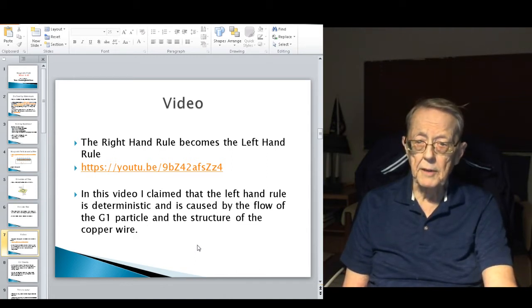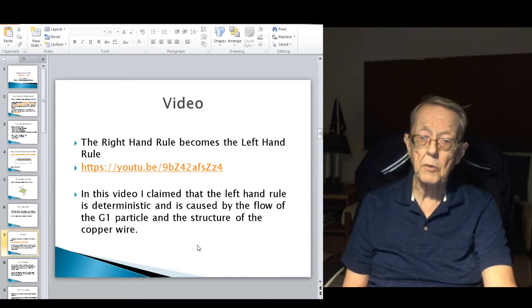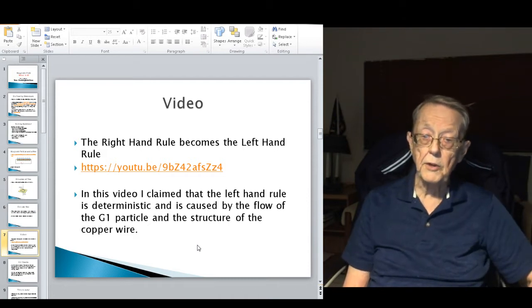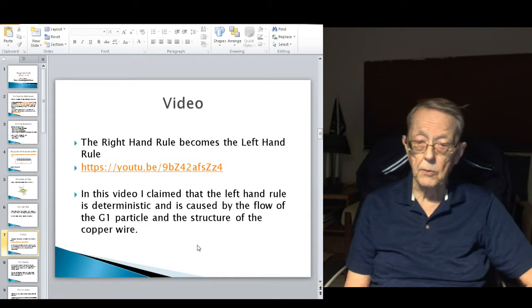But I claim that the left-hand rule is deterministic and is caused by the flow of G1 particles and the structure of the copper wire. What I mean by deterministic is it doesn't matter what day it is, what hour of the day, what year, or whether you're on the North Pole or where you are.